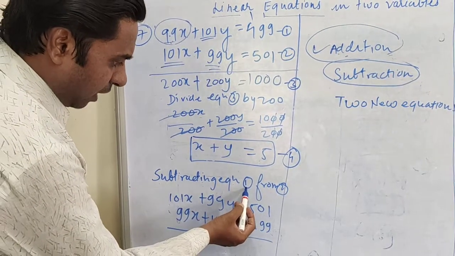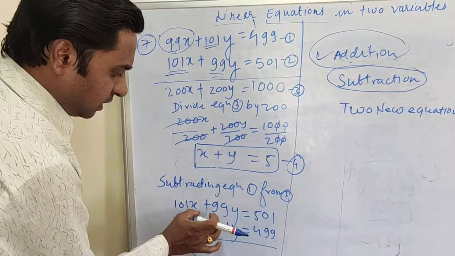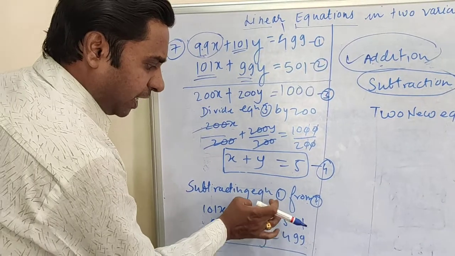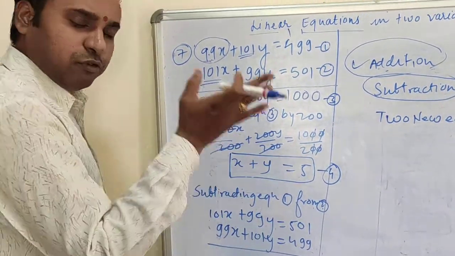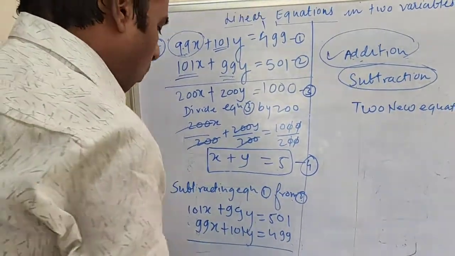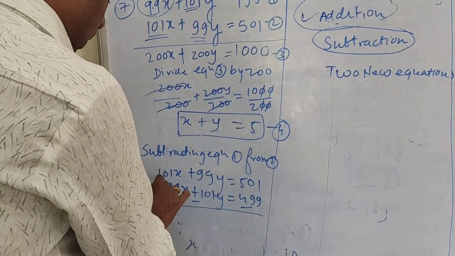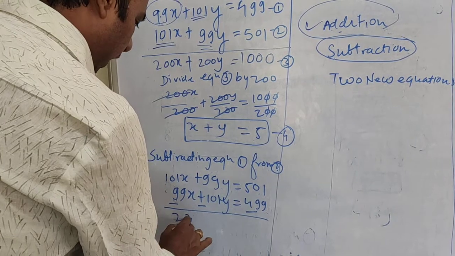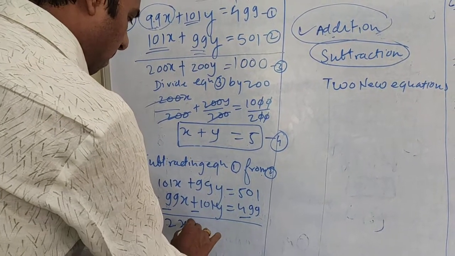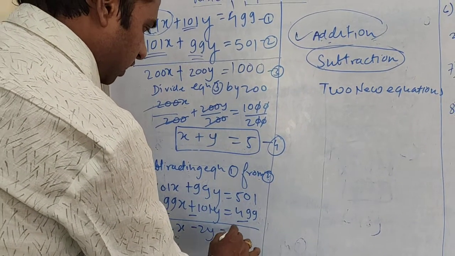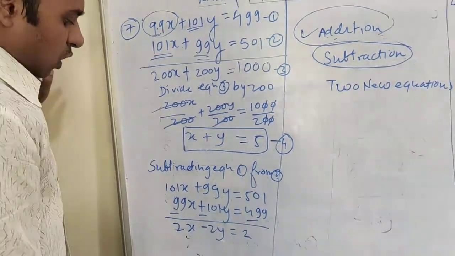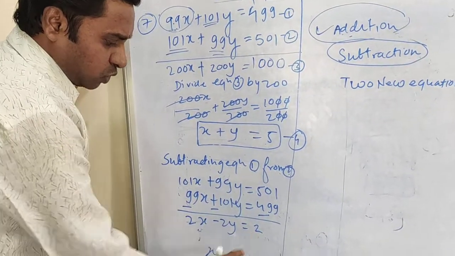Subtracting equation 1 from 2 means equation 2 we have to write on the top, equation 1 we have to write below. Now subtraction, minus, minus, minus. Now 101 minus 99, 2x. This will be minus 2y. This equals 2. 2x minus 2y equals 2.